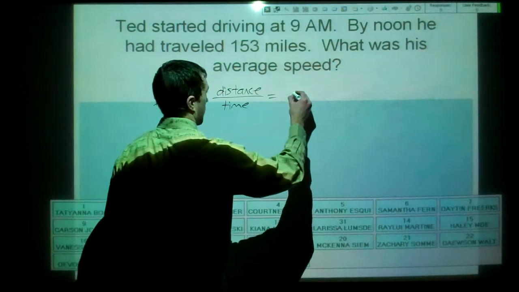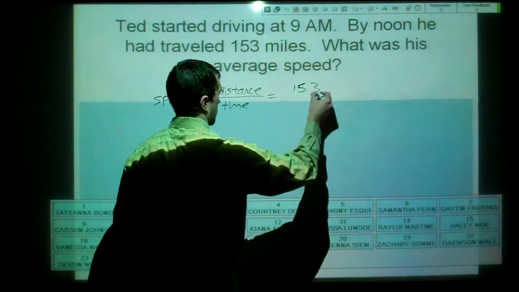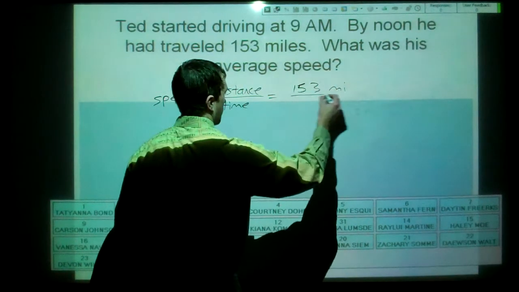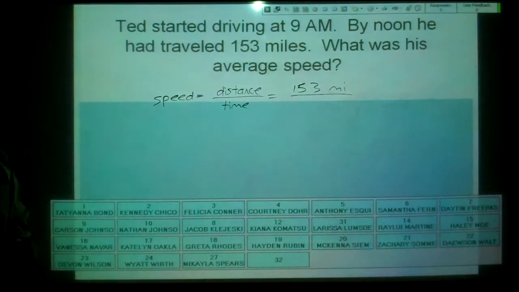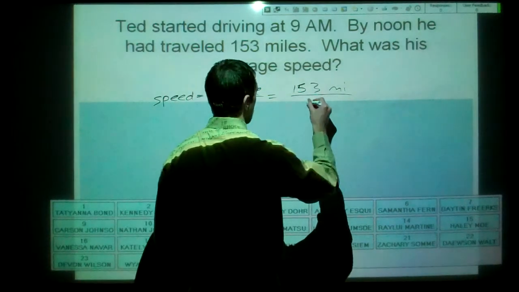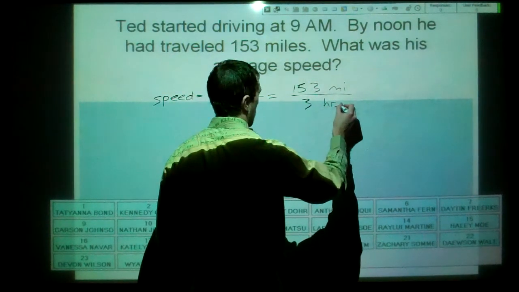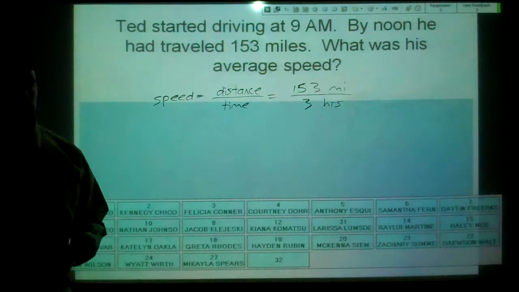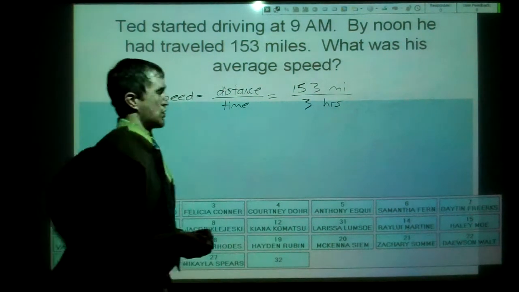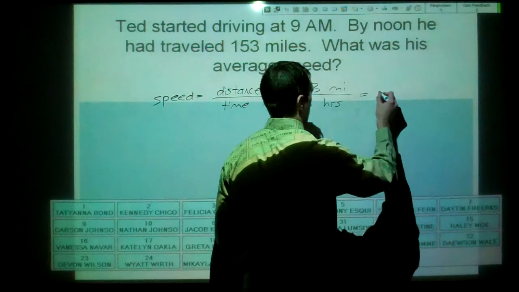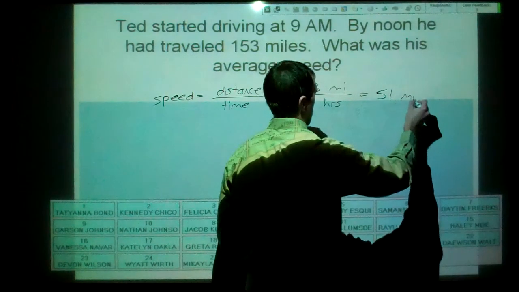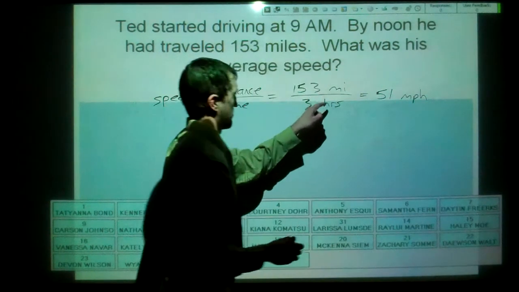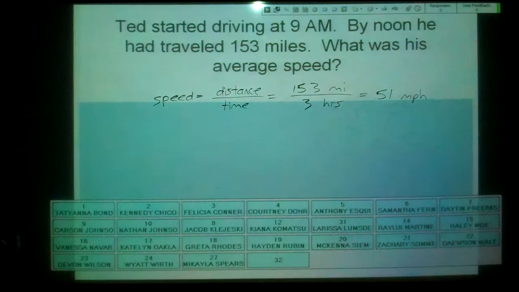Well, we know that he traveled 153 miles. But how long did it take him to do that? Well, from 9 a.m. till noon, so that's 3 hours. So if we do 153 divided by 3, we should get 51 miles per hour. Miles per hour. Alright?